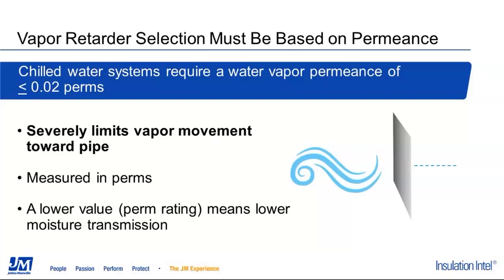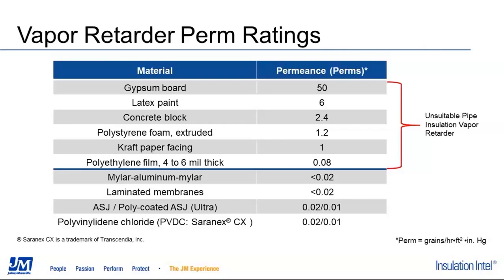This helps assure the long-term performance of the insulation system by suitably retarding the entry of water and water vapor into the whole insulation system. In the building and construction industry, there are many different types of materials used with widely varying water vapor permeance. You can see some of these shown here.